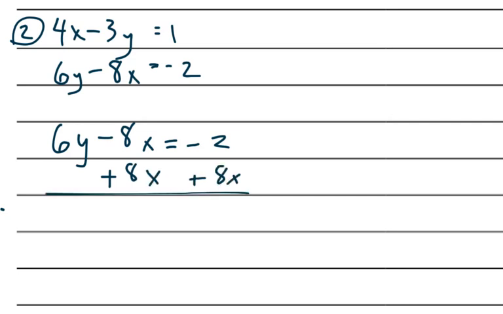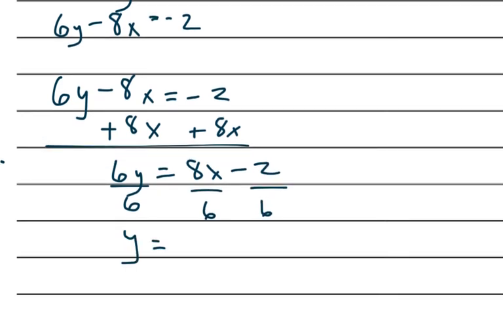I'm adding 8x to both sides, which leaves me with 6y is equal to 8x minus 2. Dividing everything by 6, we'll get y is equal to 4/3 x minus 1/3.